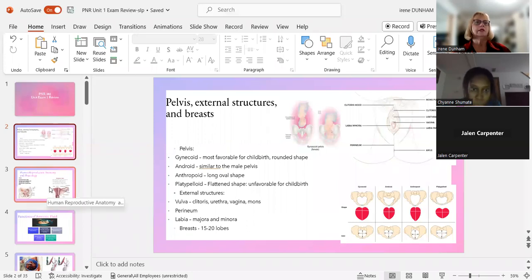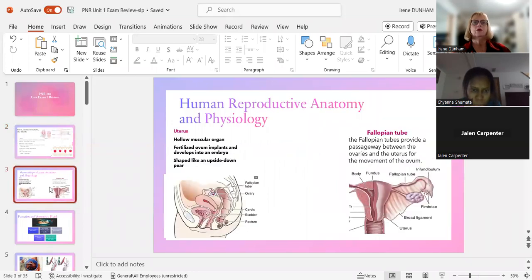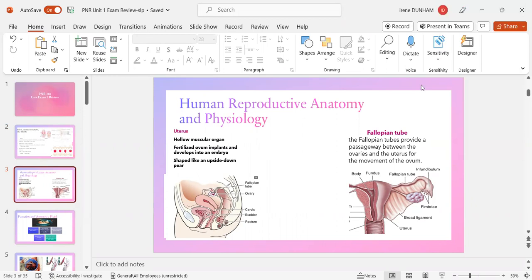And here we go into the human reproductive anatomy and physiology. Okay. So what I want you to know is about the fallopian tubes. So what happens in the fallopian tubes here? That's where the eggs travel. Yes, yes. So what occurs?